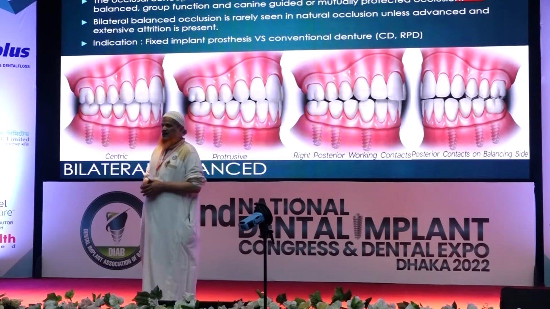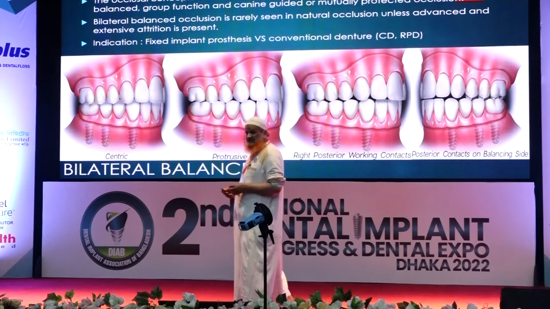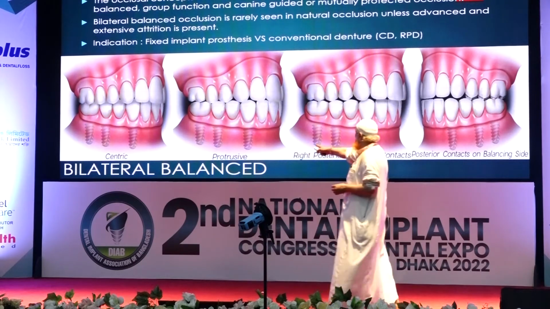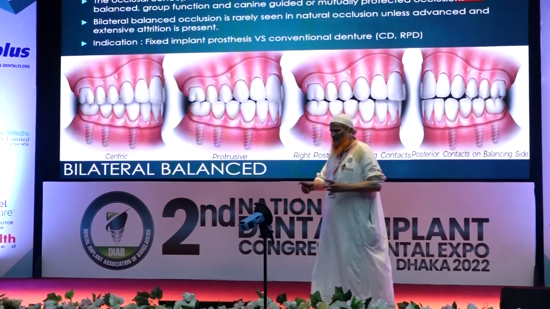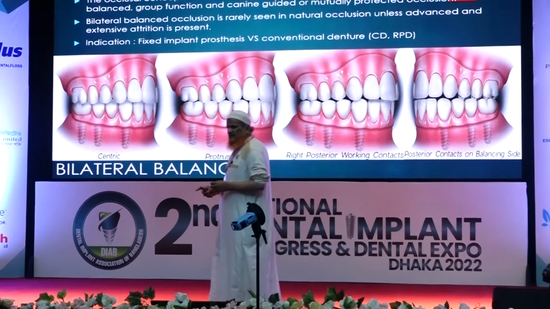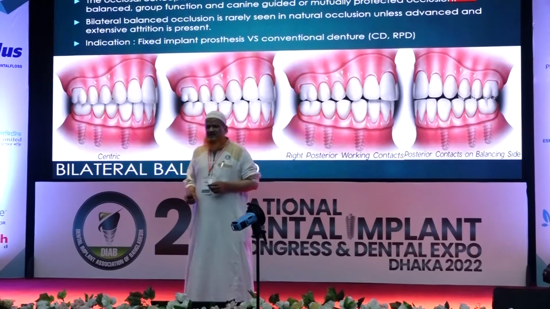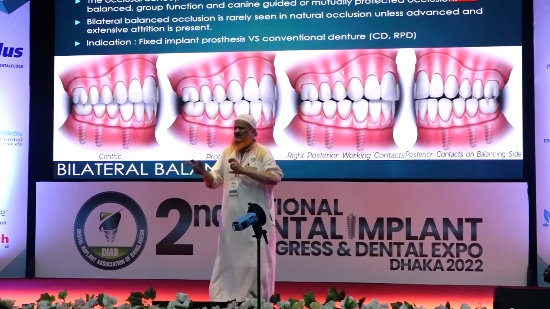And here the occlusion needed, first one is the bilateral balanced occlusion. And there are some parameters, some ideas in which cases we will give which type of the occlusion.